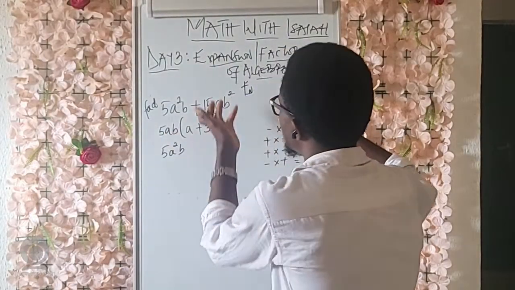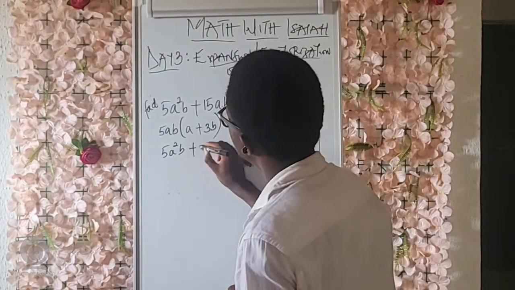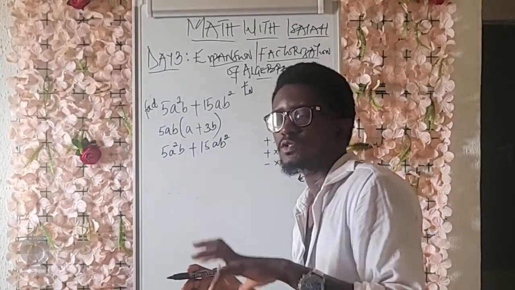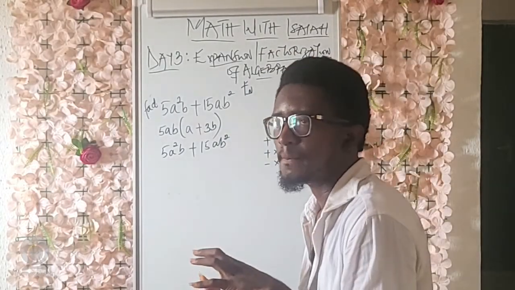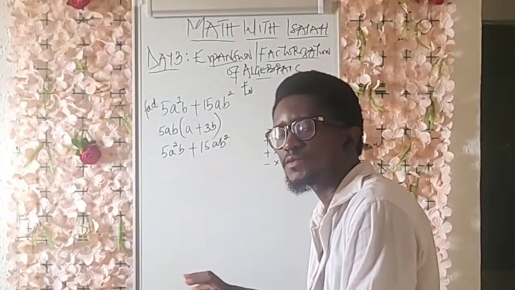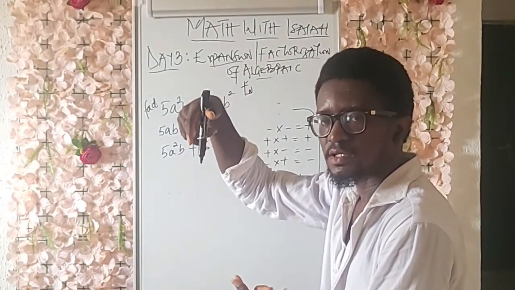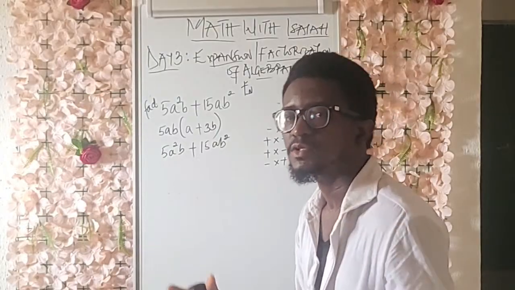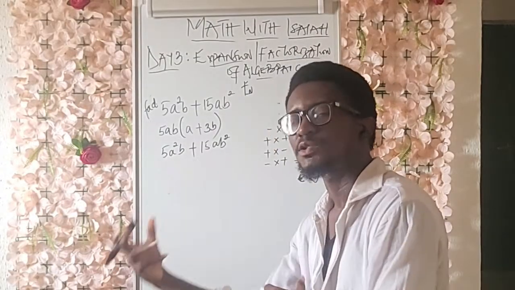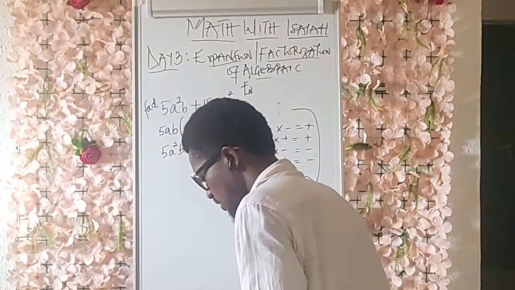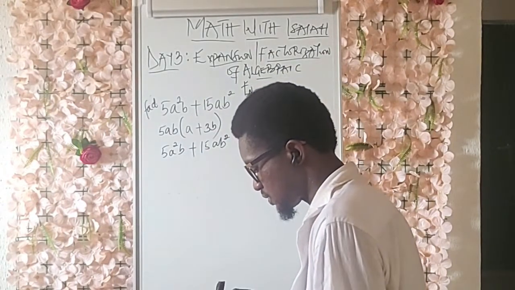And then if you do the same thing for this, you come up with the same thing again, 15ab squared. So when you factorize something, you get an expression that you can expand and get the original content. So that's the relationship between both of them. You expand the factorized to get the original, if you get what I'm saying. So that is that about expansion.